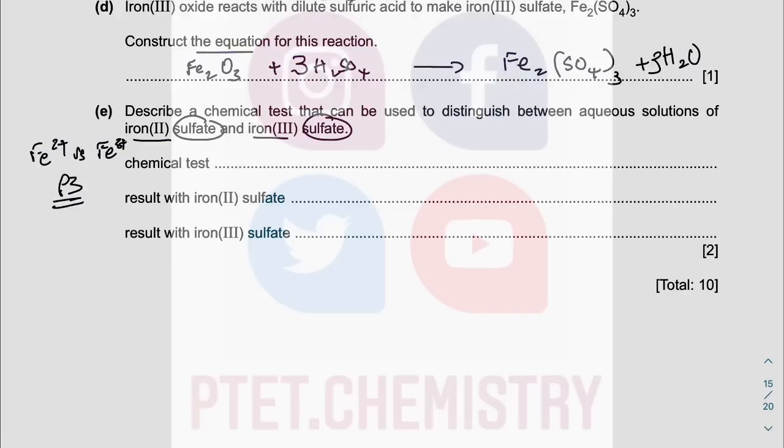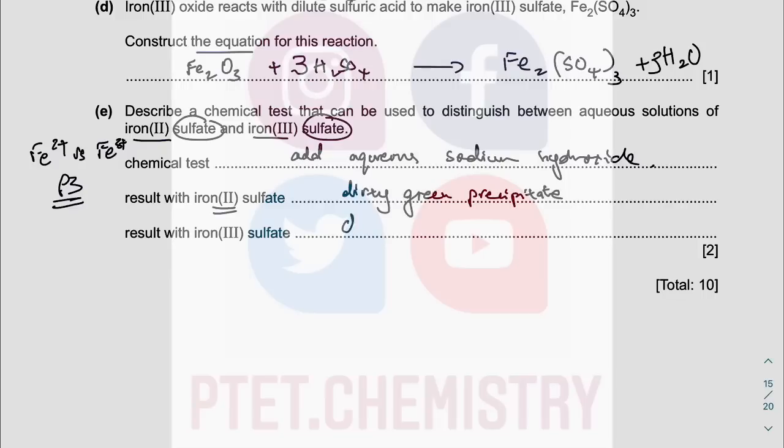But the simple test here, you just add aqueous sodium hydroxide. You should know this from your practical. Or you can say add aqueous NaOH, it is the same. The iron 2 will give you a dirty green precipitate. Shouldn't use the word PPT because you're not doing practical here.